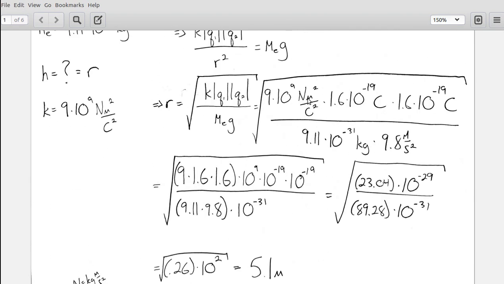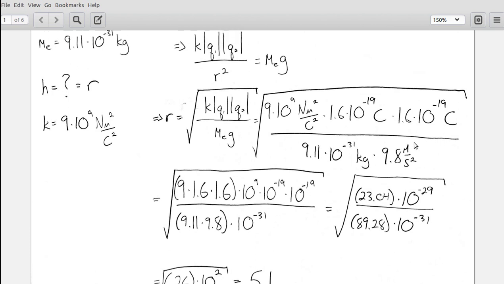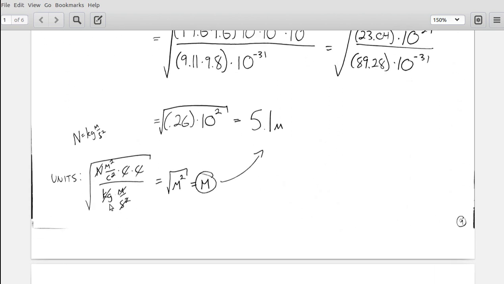Okay, so I took all my units out and I just solved for them separately, right? My electrostatic constant has Newton meters squared per coulomb squared. I've got coulombs times coulombs for the charges, kilograms for the mass, meters per second squared for the acceleration due to gravity.